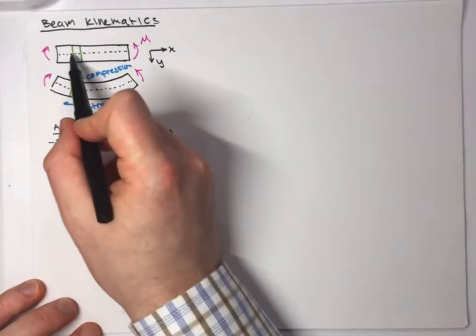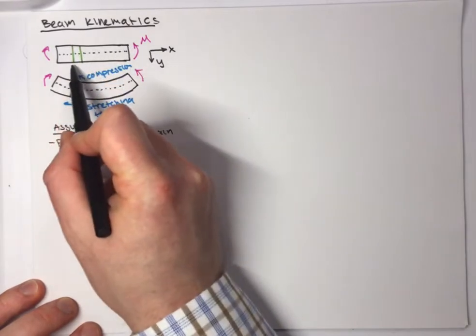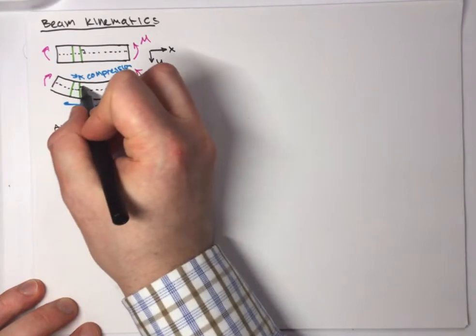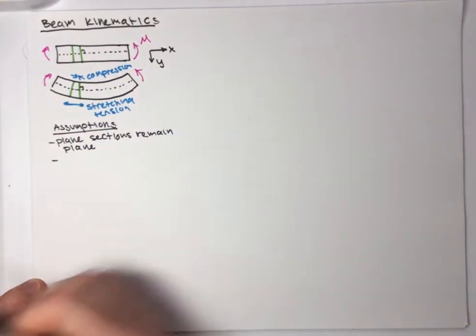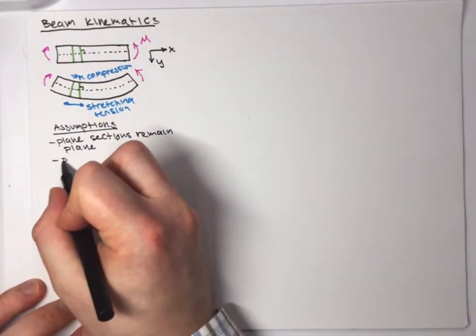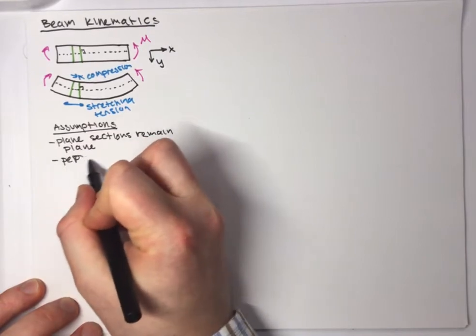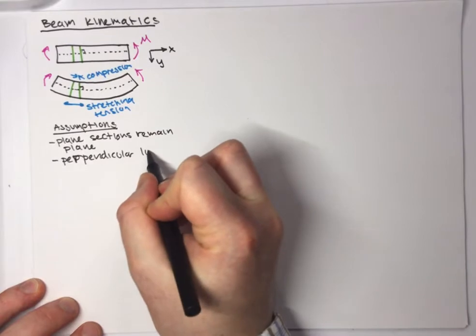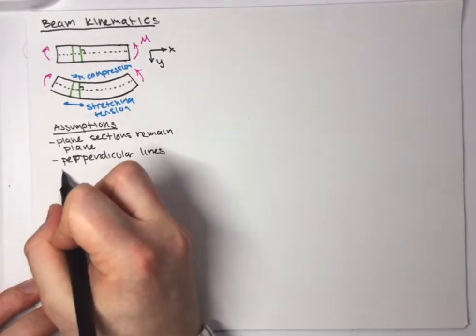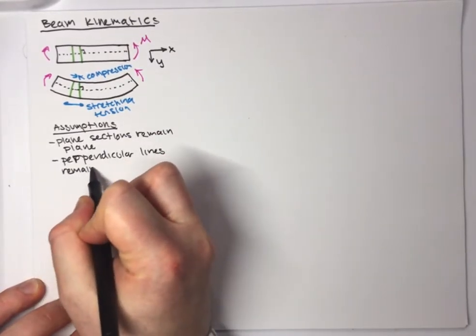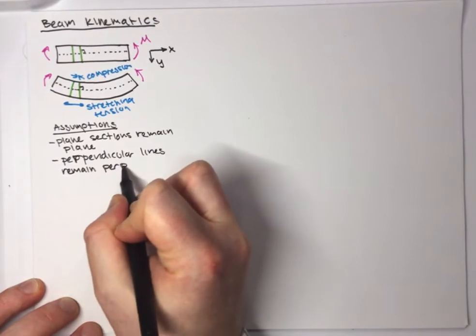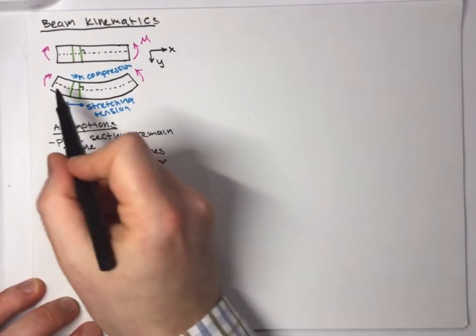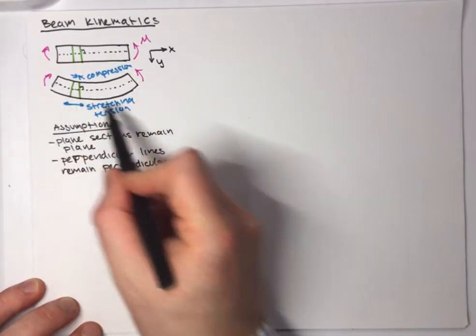If we have horizontal lines and vertical lines that start perpendicular here, what we'll find is that they end up being perpendicular down here. So we can say that perpendicular lines remain perpendicular, even though in our deformed configuration you can see some of our lines won't be very straight.